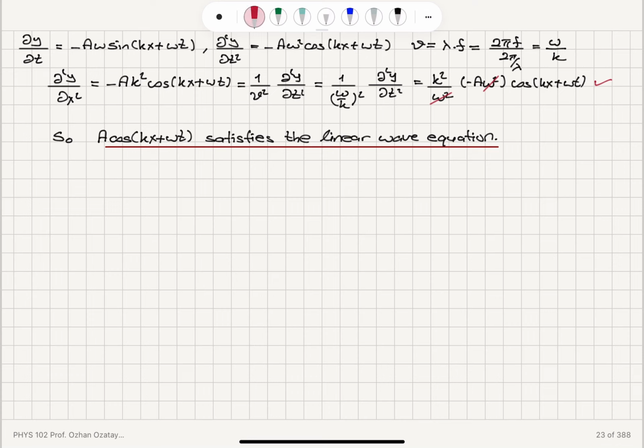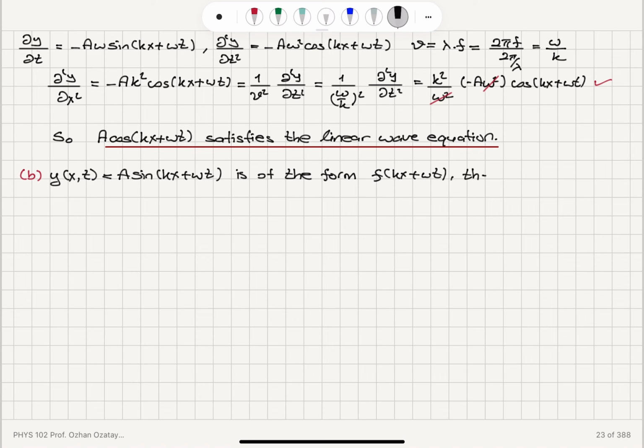Now, part B, we are given y(x,t) = A sin(kx + ωt). So this is clearly of the form, once again, f(kx + ωt).